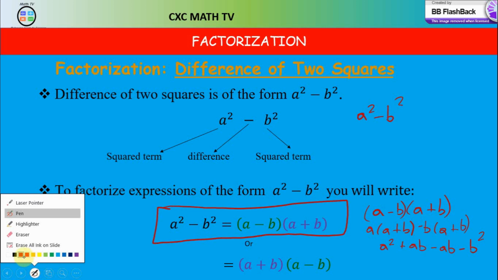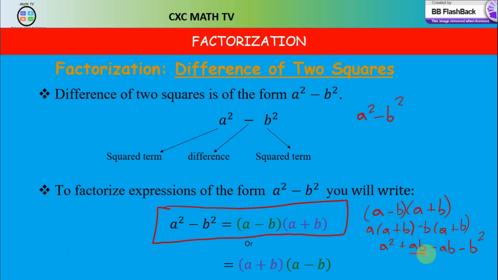But you'd realize that ab minus ab is really 0, so you end up with a squared minus b squared. So therefore, a minus b times a plus b works out to be a squared minus b squared. You just need to remember this formula.